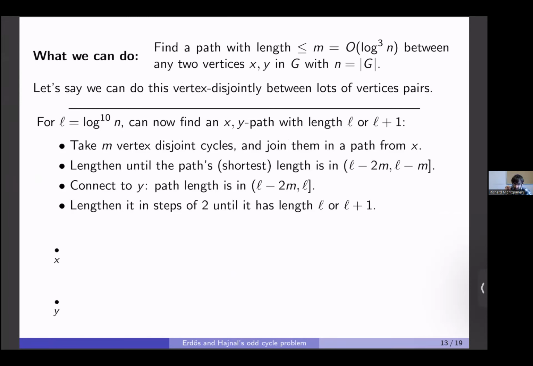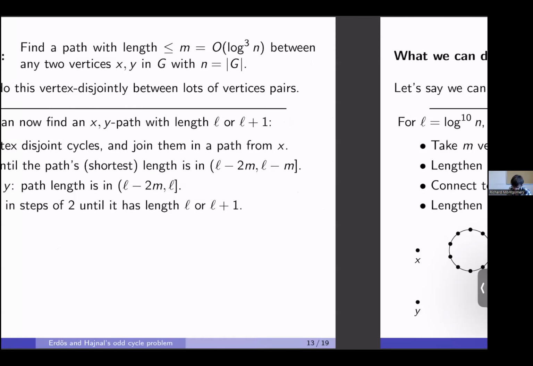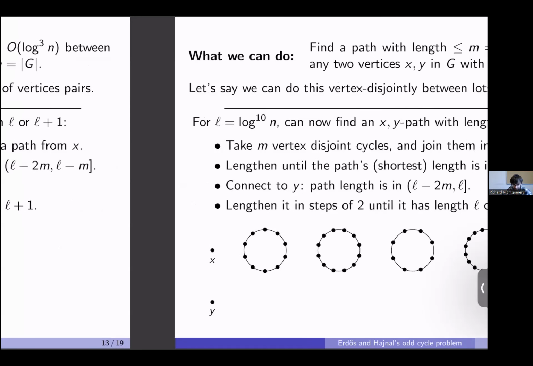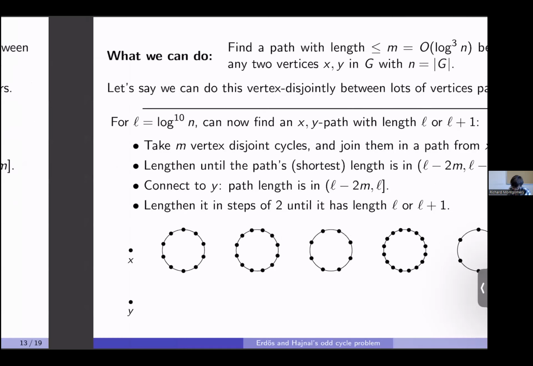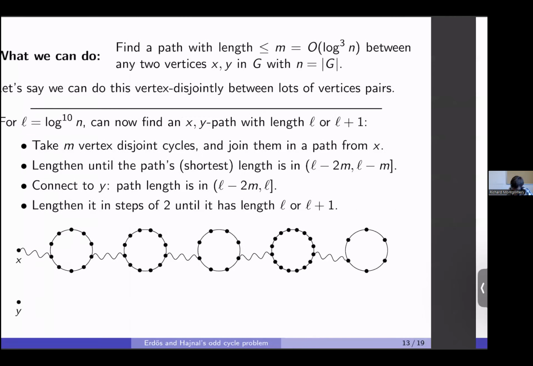So to do this, if we take m vertex disjoint cycles, then we can join them in a path from X, like so. These cycles probably have different lengths, but I can do the same thing, take almost opposite vertices and join them in a path like so. And then I extend this.